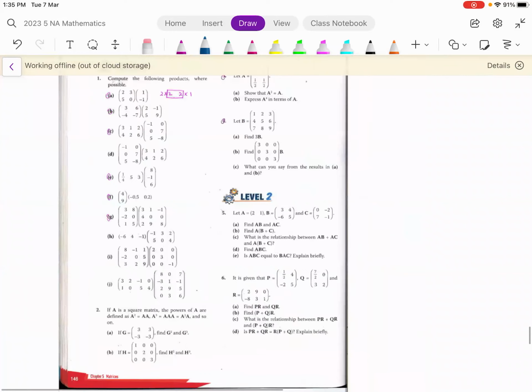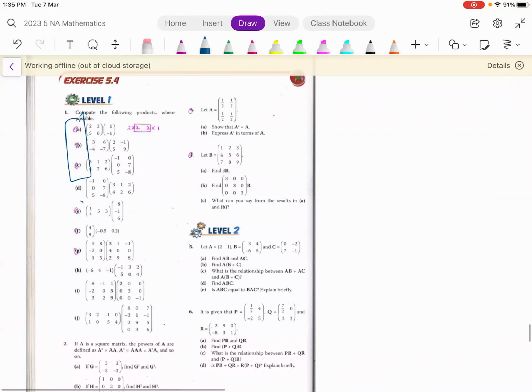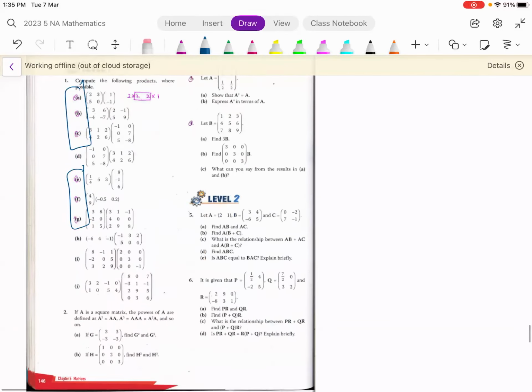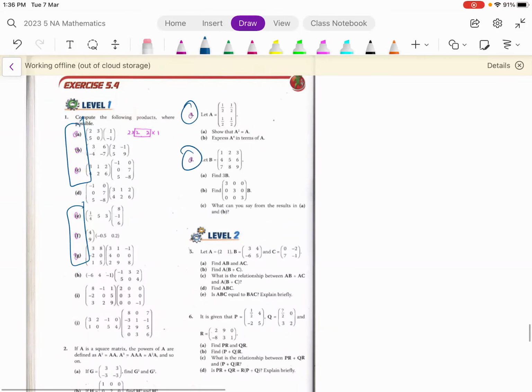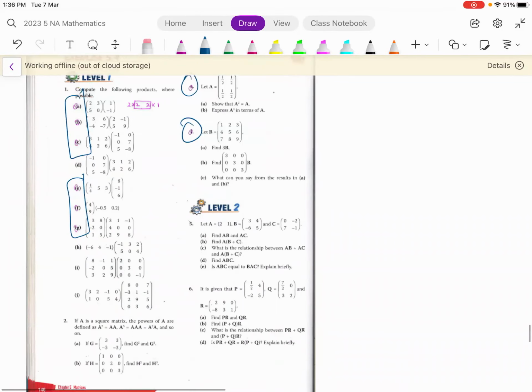Okay, so question 1, A, B, C, E, F, G. These are the work to be done tomorrow in class. Exercise 5.4, 1, A, B, C, E, F, G. Some warm-up questions only. And then question 3, question 4. You have 2 periods tomorrow, so you have time to do.